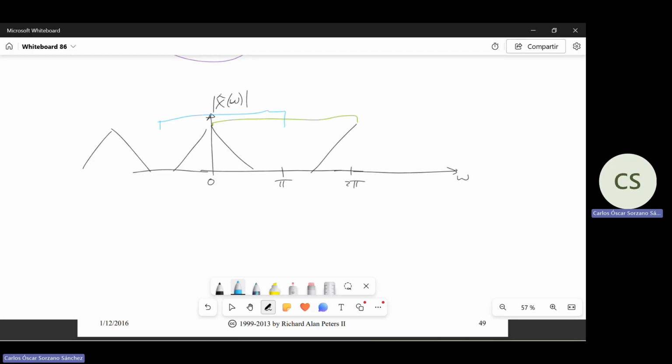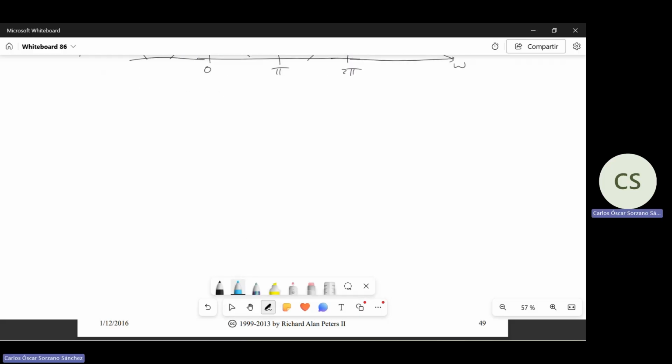Now, what about 2 dimensions? So in 2 dimensions, we have omega x, omega y. Let me do it very long.